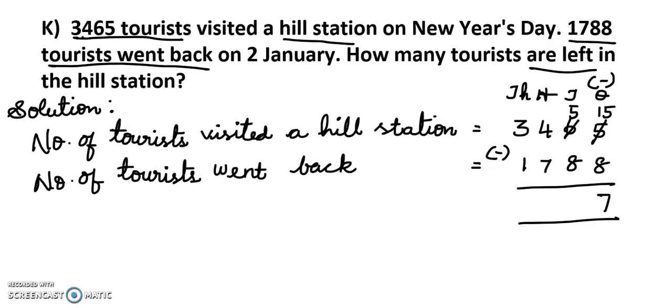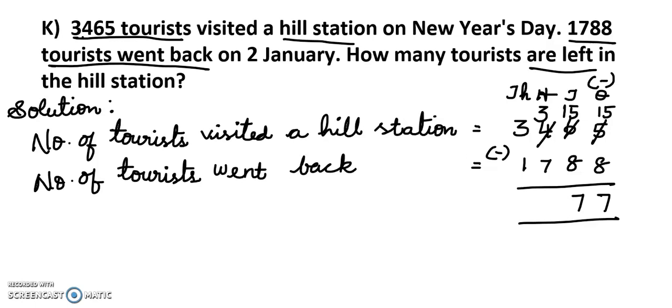7. Next one, 5 minus 8. Again we can't subtract because 5 is the smaller number. So we have to borrow from the hundreds place. So 4 becomes 3, then 5 becomes 15. So 15 minus 8, 7 is the answer. Next 3 minus 7.